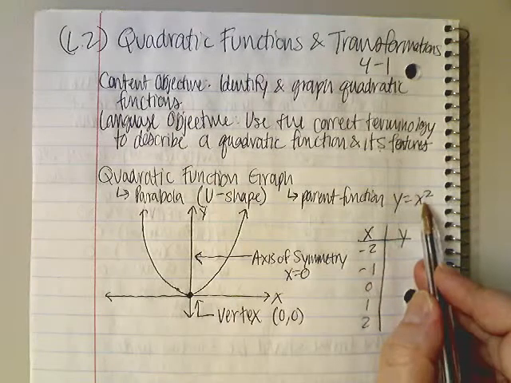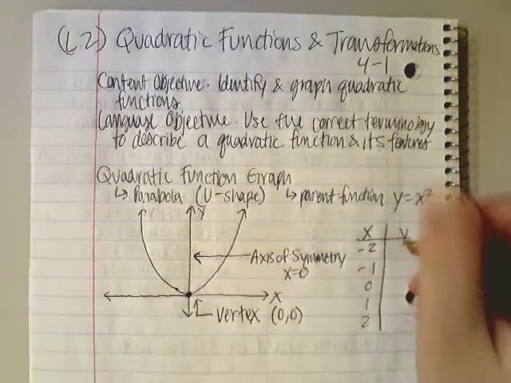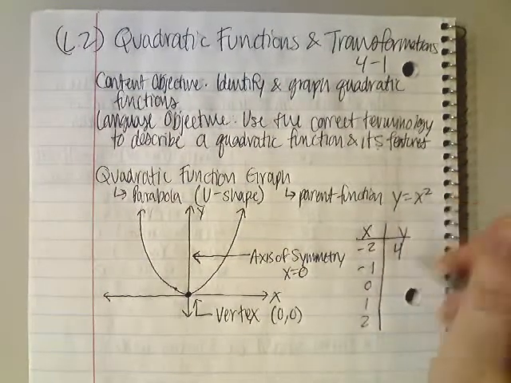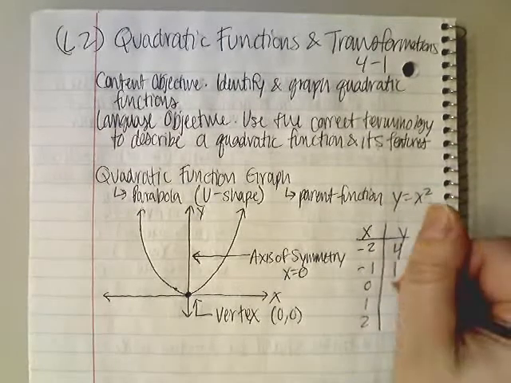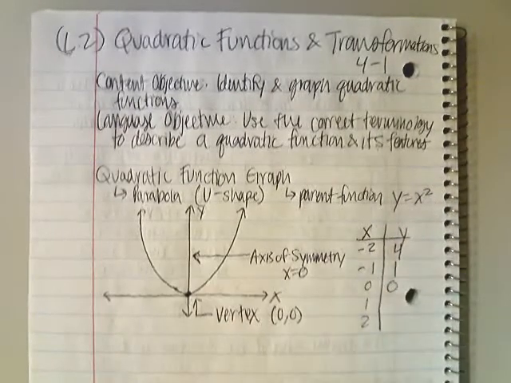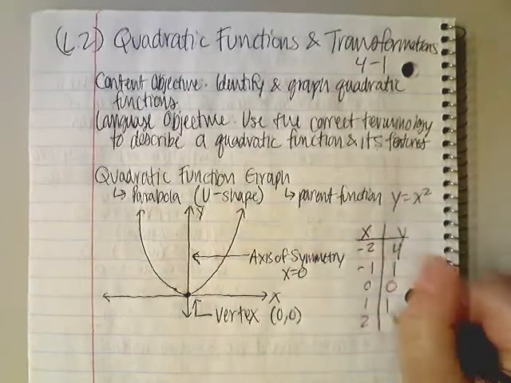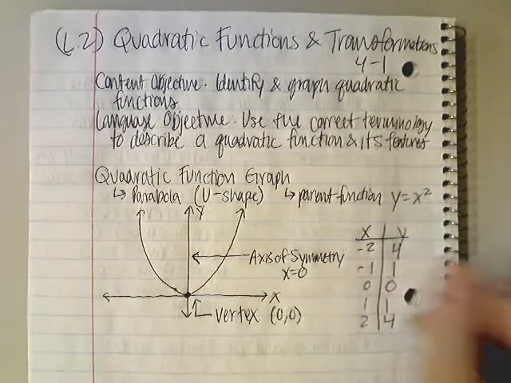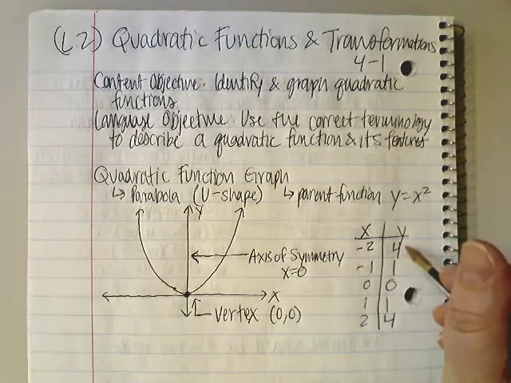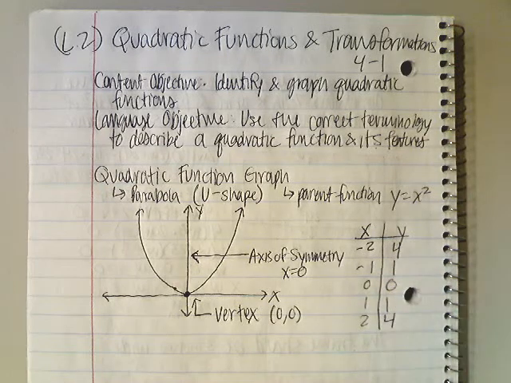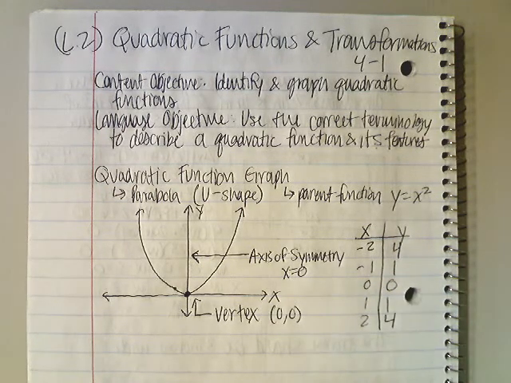If I plug in -2 to my equation, -2 squared is +4, -1 squared is +1, 0 squared is 0, which makes sense since our vertex is at 0, 0, 1 squared is 1, and 2 squared is 4 again. So you can see it's going to be symmetrical, go down to our vertex, then back up. But these are some key points that we'll refer back to later.